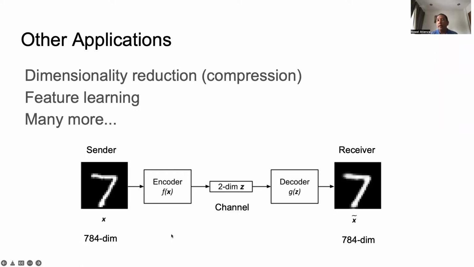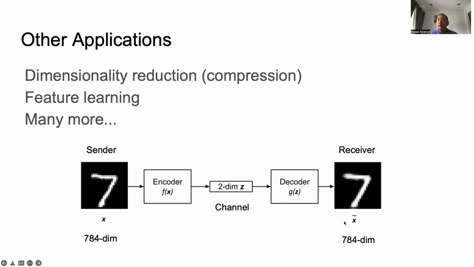There are other applications of autoencoders. For example, it can be used as a compression algorithm similar to JPEG. In the previous example, the sender may have the encoder. The receiver has the decoder.